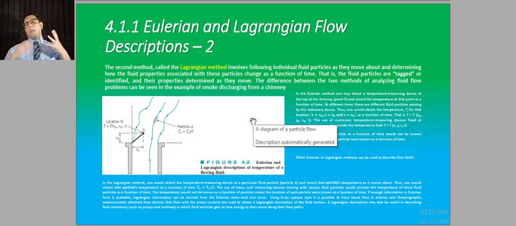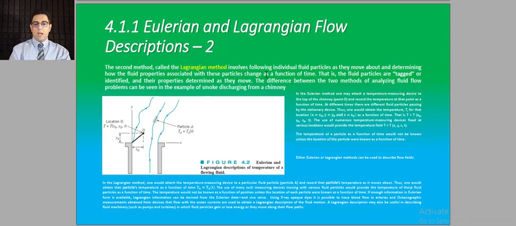So the second method that we can identify the fluid motion through is named the Lagrangian method. Here, we are regarding the particle changes as a function of time and position, but I'm going to illustrate the position term in more detail.